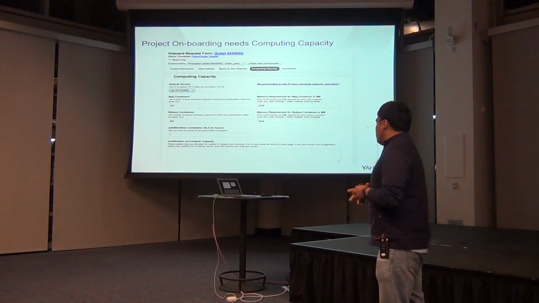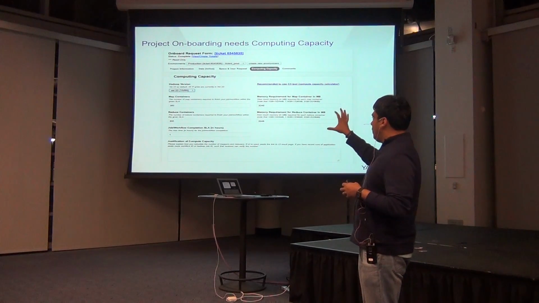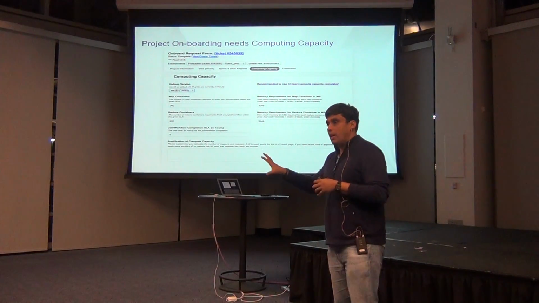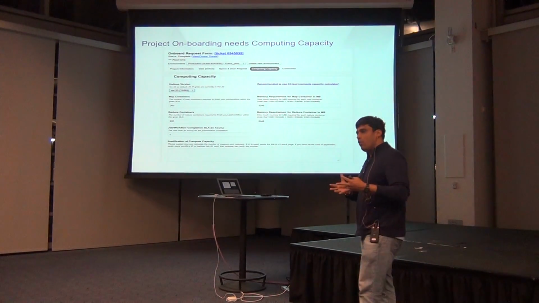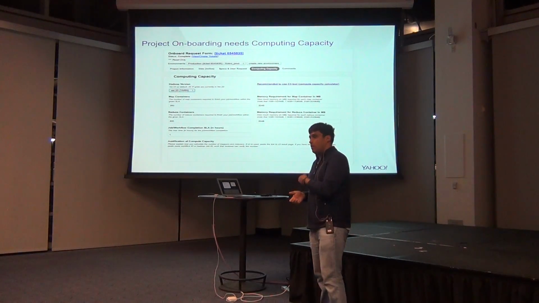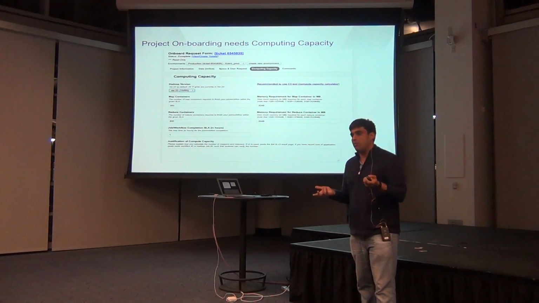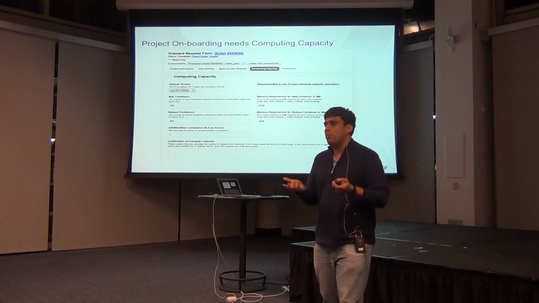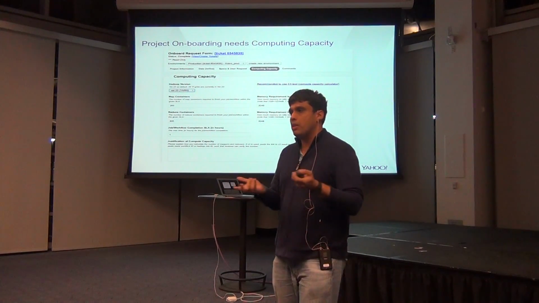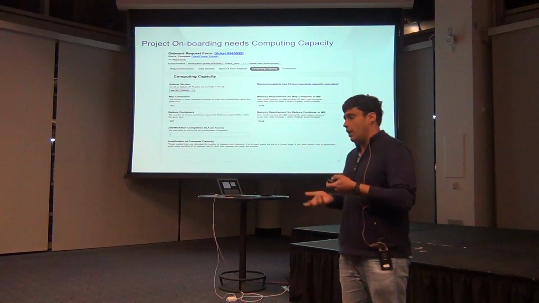Based on this, they need to fill in these numbers. And this is the hardest part whenever you go for any review for onboarding a project, because these are not available. Just looking at one single map reduce job, you may get some numbers, but this is not fixed for an entire workflow.